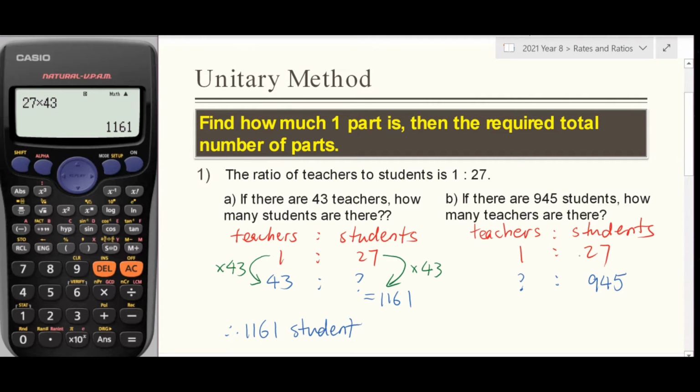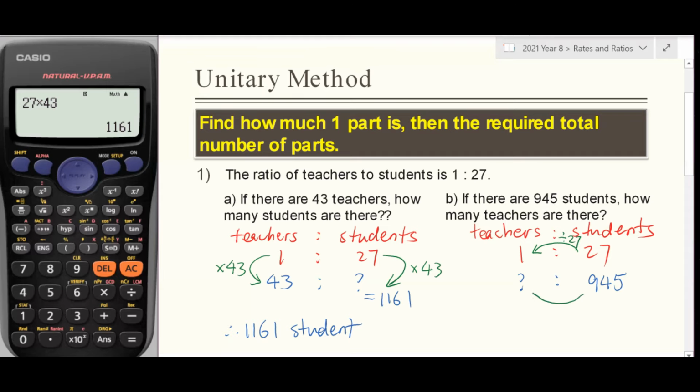I'm going to go from 27 to 1 in this direction, because I know that the teacher needed is 27 times less than the number of students. So following my arrow from 27 to 1, I would have to divide by 27. 27 divided by 27 is equal to 1.